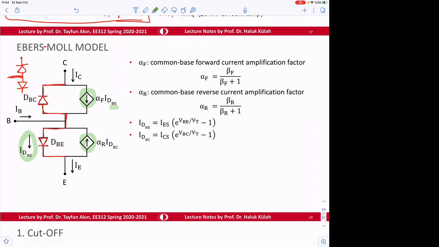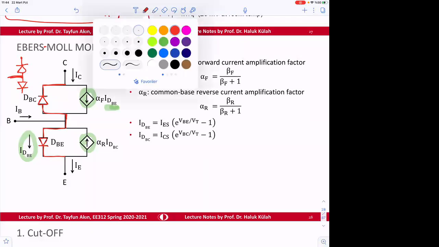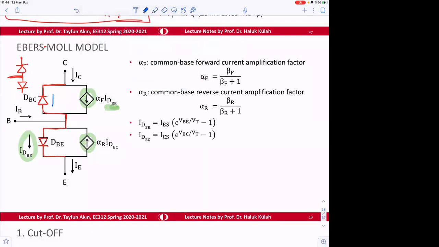Similarly, current related with this diode is going to be coming here.